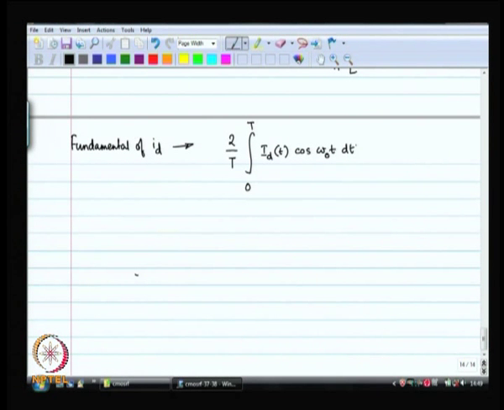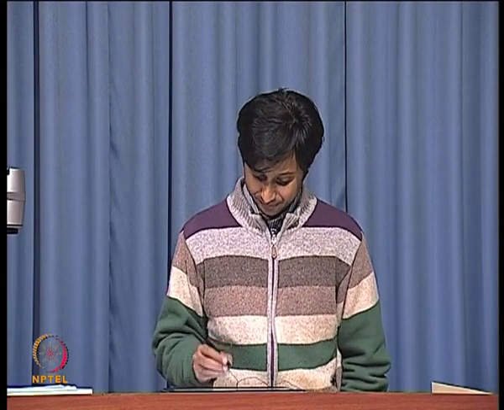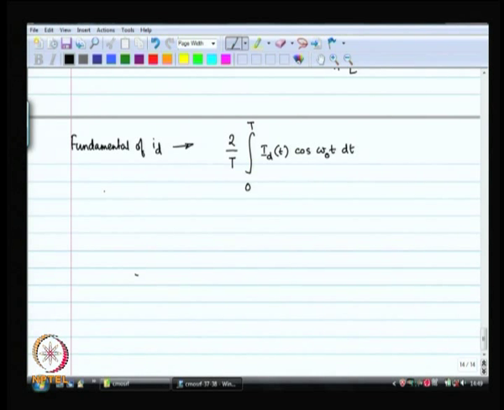Okay, this is the way to do a Fourier series expansion. This is the first component, and of course, you replace capital T with something that relates to theta, and capital T is the period. So, that should be replaced by 2 pi. So, I am going to make the substitution.